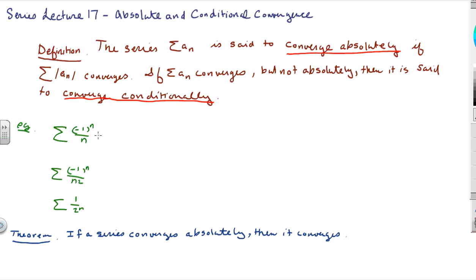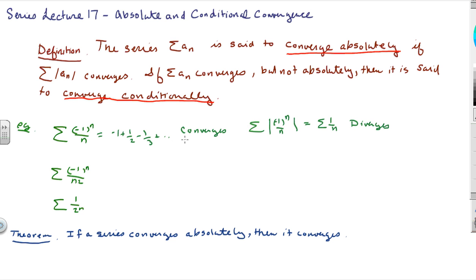But let's look at this series. Of course, this one we've seen before, right? This is the alternating harmonic series. Let's start with n equals 1. So we have -1 plus 1/2 minus 1/3 and so on down the road, right? And we saw in another video that this converges. However, the series consisting of its absolute values, (-1)^n over n, well, that series is just the harmonic series, and this diverges.